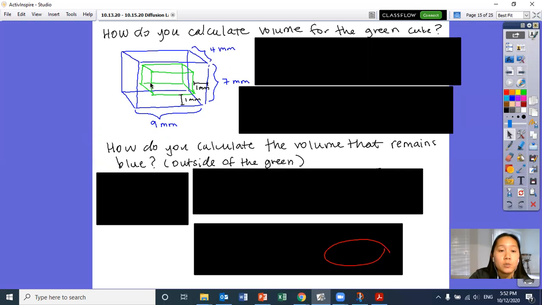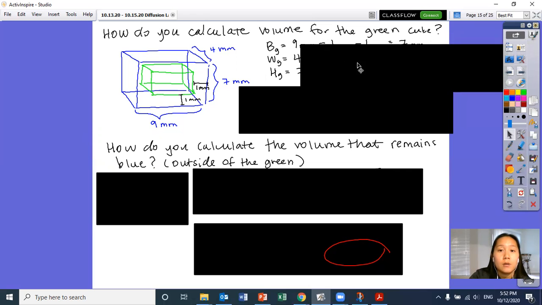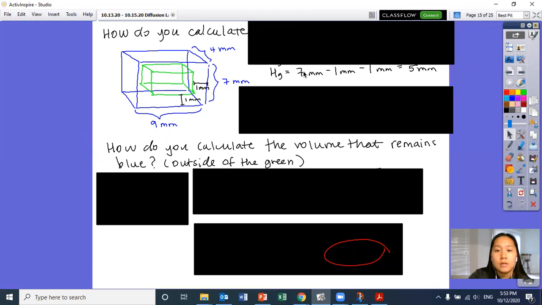You also know that it went in on this side by 1 millimeter. So your green base is going to be 9 minus 2, because there's a 1 millimeter difference on the left side and a 1 millimeter difference on the right side. So your green base is going to be 9 millimeters minus 2, which is 7 millimeters. Over here, you have your 7 height, same idea. You're going to have 1 millimeter taken off the top and bottom, so 7 millimeters minus 2 will be 5 as your height.